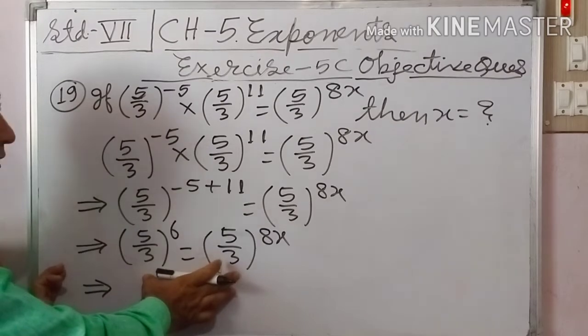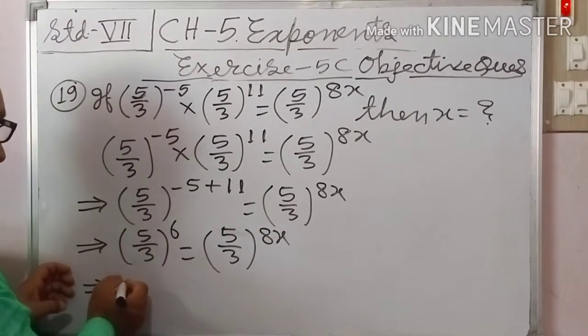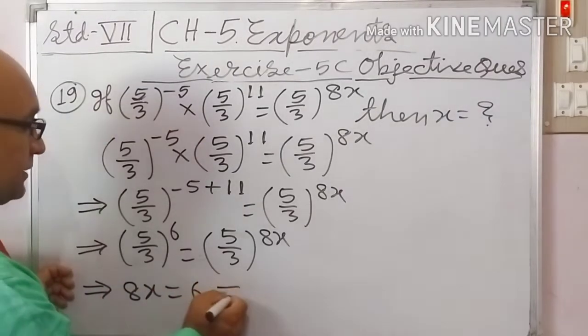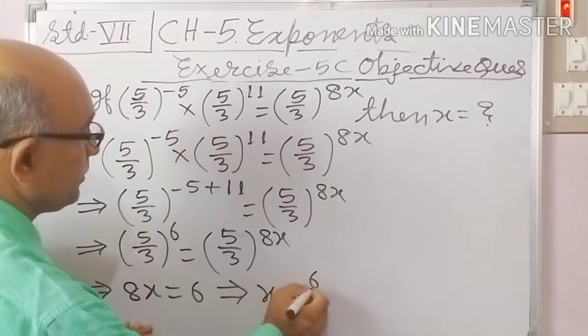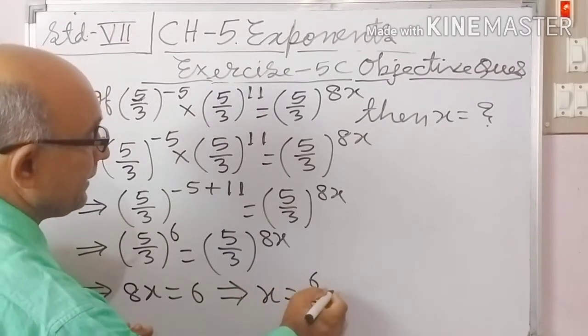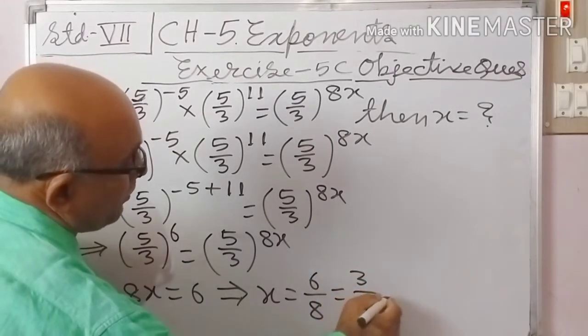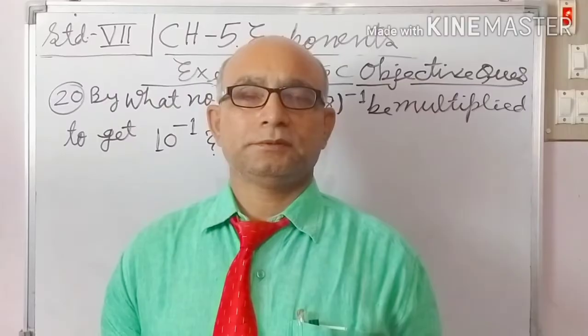Bases are equal, so indices are also equal. That implies 8x equal to 6. That implies x equal to 6 by 8, which is 3 by 4. Answer. Write it.